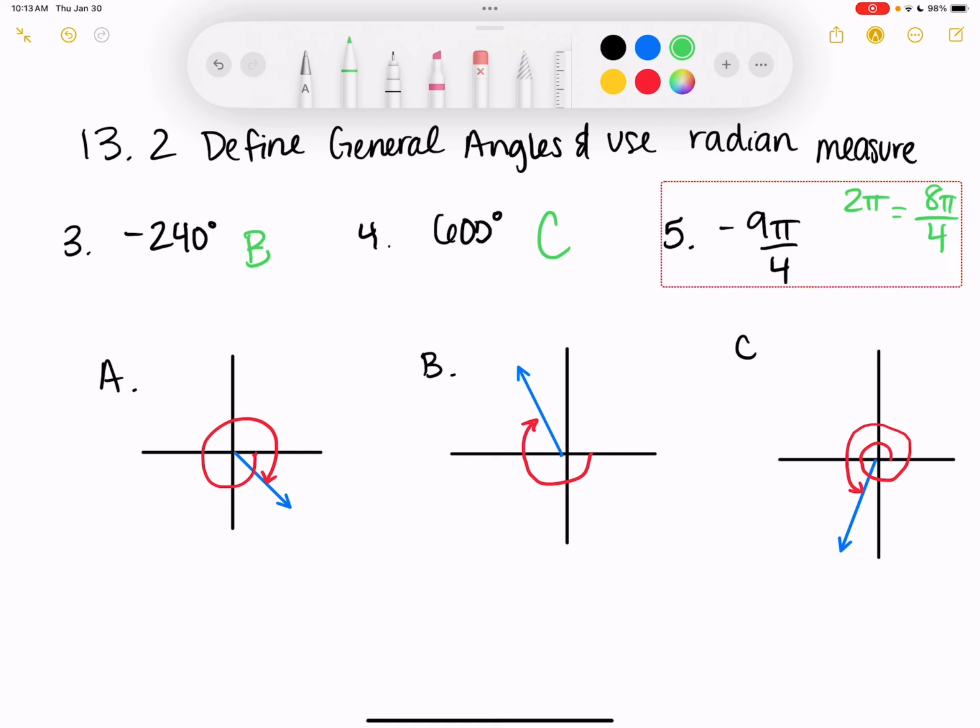So this tells me this is around more than one full time. Again, once we learn the unit circle, this will probably make a lot more sense. But we're going to try to do a few of these before we do the unit circle. So this went around one full time, and then it went a little bit farther, and obviously y'all don't know what the increments are yet. But at this point, we've gone around a little bit more than that. So 5 is A.